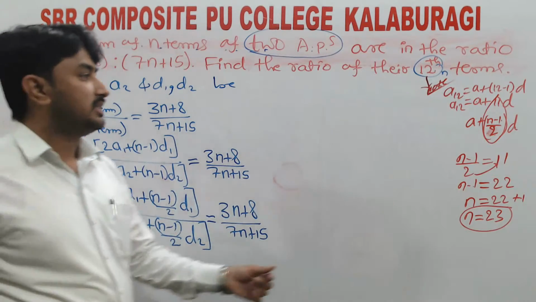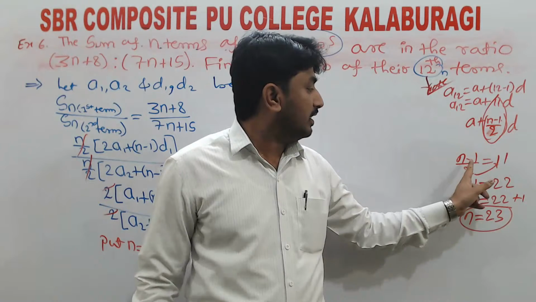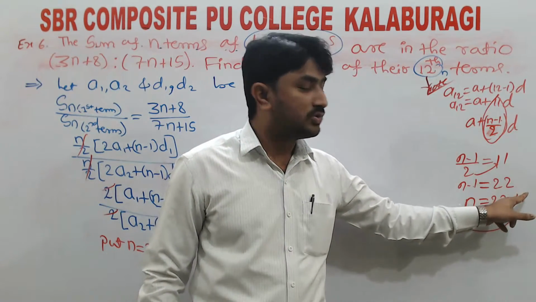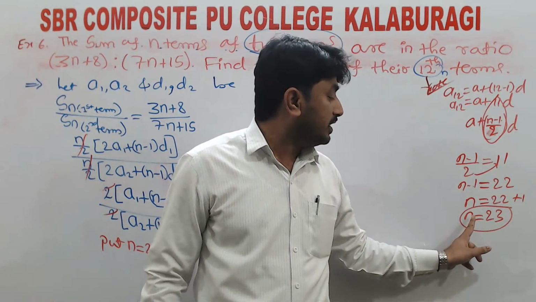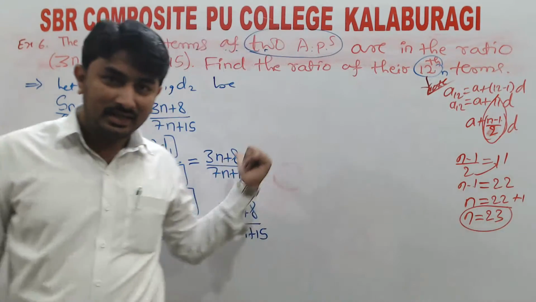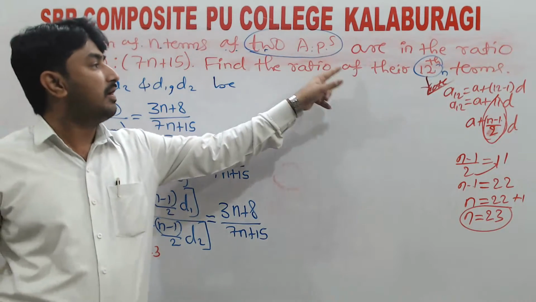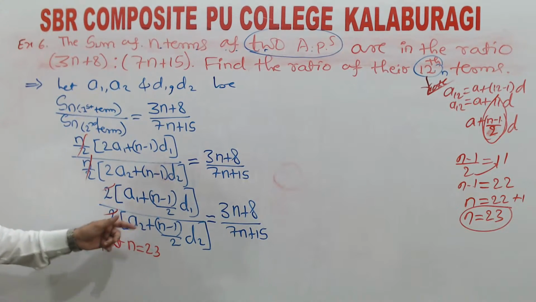Compare these two: n minus 1 divided by 2 is equal to 11. So 2 goes to the right-hand side and it becomes 22, and the minus 1 goes to the right-hand side, so 22 plus 1 is 23. Therefore, we need to put n equal to 23 here, and you will get our required ratio of the 12th terms. That's why I am taking 23 in place of n.